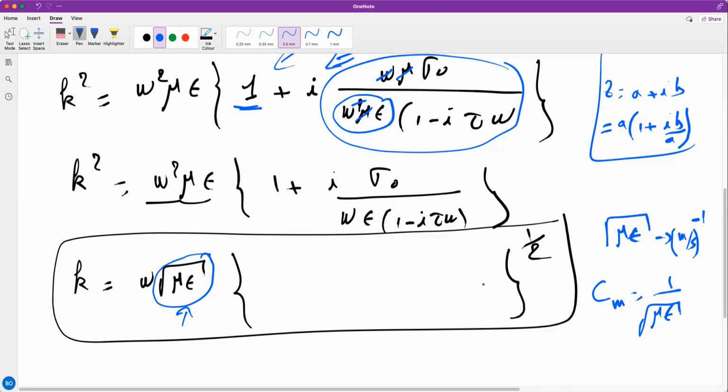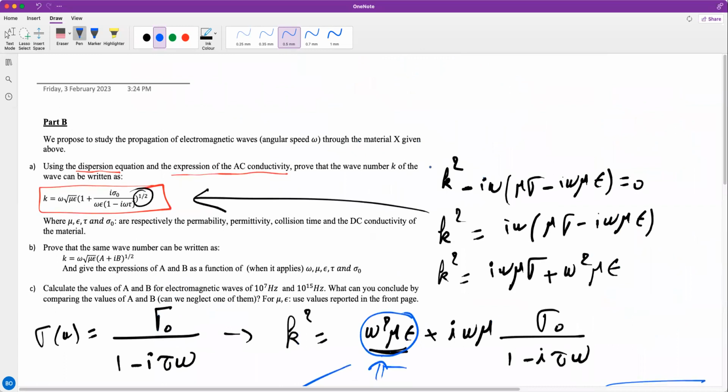So we obtained what we were looking for, which means 1 plus i sigma 0 over omega epsilon (1 minus i tau omega). This is the question, where mu, epsilon, tau, and sigma 0 are respectively the permeability, permittivity, collision time, and DC conductivity of the material.